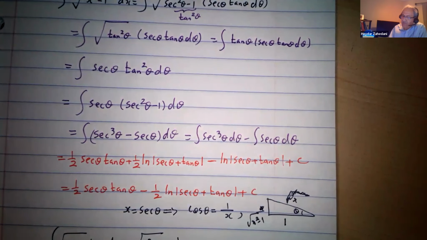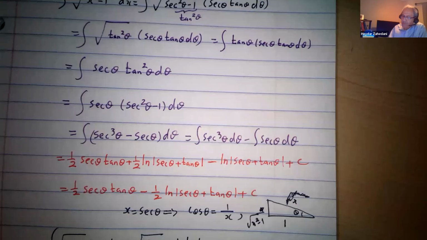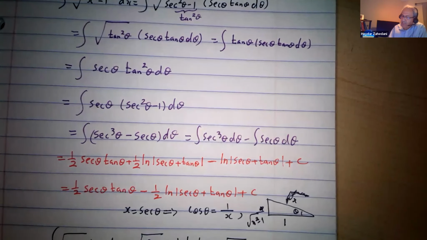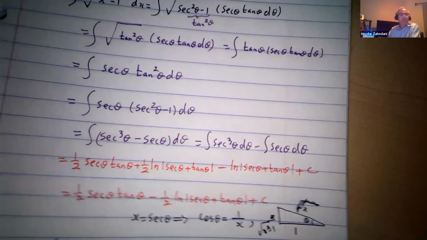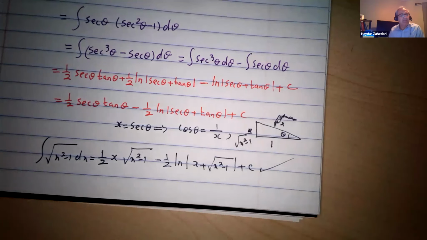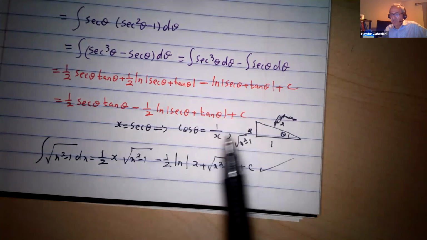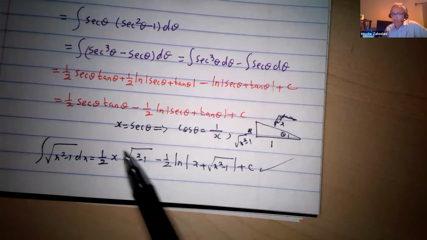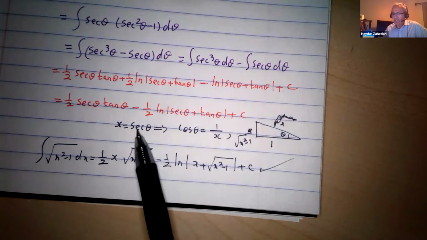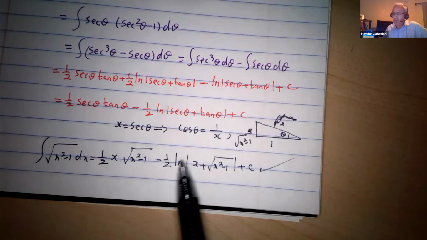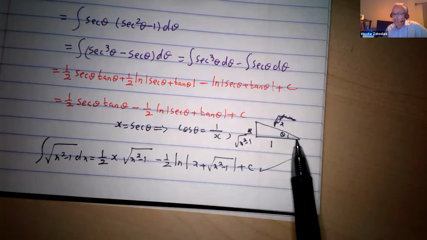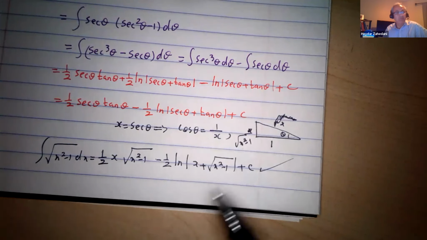And this is going to be 1/2 of the ln of the absolute value of secant, which is x, plus radical x squared minus 1, plus the constant. So just pick these from the given triangle that I have. 1/2 of the secant, secant is x. Tangent is radical x squared minus 1 from the right triangle.